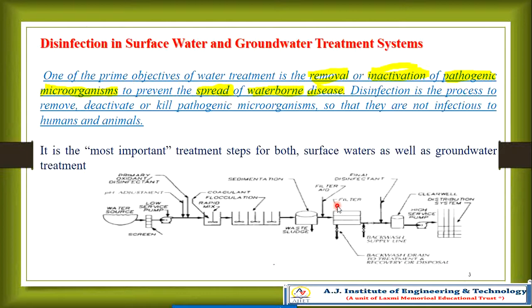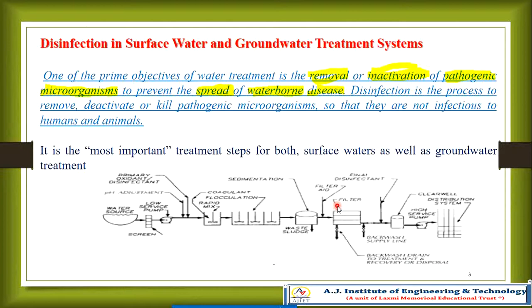In such cases, bacteria causing waterborne diseases like cholera and typhoid will remain in the water, and when you drink it, these bacteria will be transferred to our body. So they have to be removed by means of disinfection.